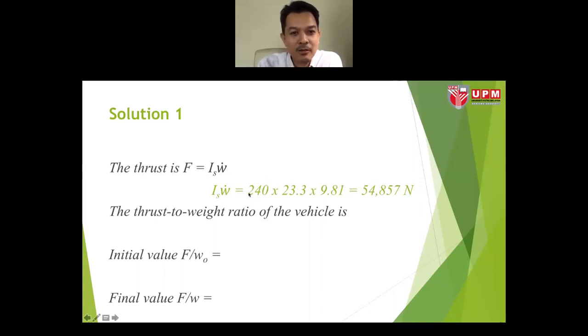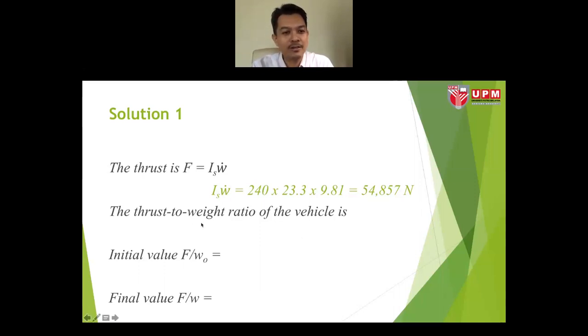So basically, you have the specific impulse value, 240, times the 23.3, this is the m dot, the propellant mass flow, and then the gravitational acceleration. That's why you have the weight flow there. So the value of the thrust of the rocket propellant is 54,857, and the unit is Newton.